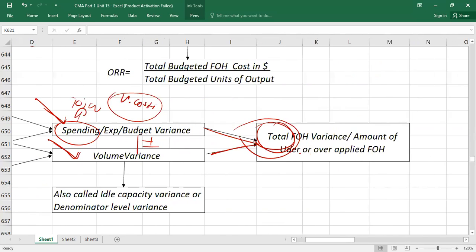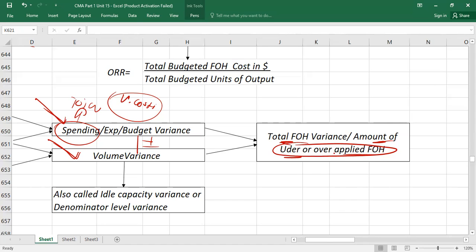Total variance is also called amount of under applied or over applied. This is on absorption costing. In absorption costing, how many variances are required? Two, spending and volume. If I do plus minus net of spending and volume, what will I get? Total variance. And this total variance is called amount of under applied or over applied.